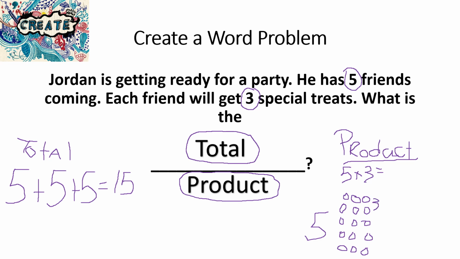So 5 times 3 equals 1, 2, 3, 4, 5, 6, 7, 8, 9, 10, 11, 12, 13, 14, 15.